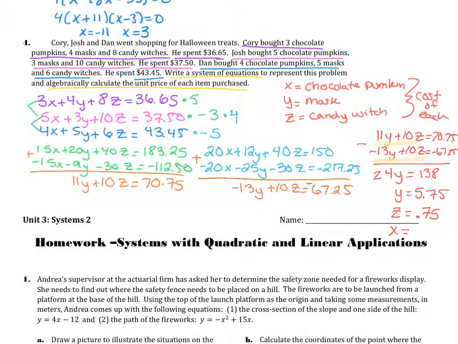When I do that, I'll get that x is 2.55. Then, keeping in mind I'm talking about the cost of each of these, I'm going to add dollar signs. So my chocolate pumpkins cost $2.55, my masks cost $5.75, and my candy witches cost 75 cents.